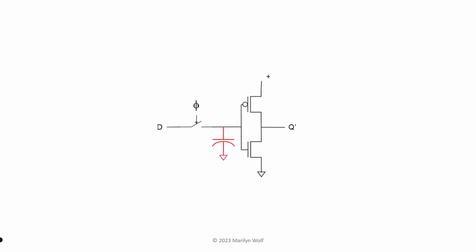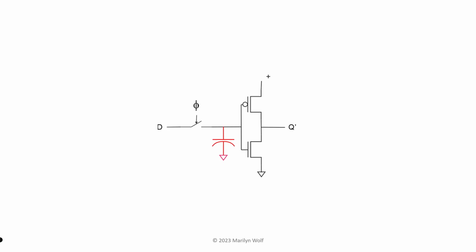When we disable the clock, the transmission gate is now off, and the D input is disconnected from the parasitic capacitance at the inverter. So the Q prime output is controlled by that parasitic capacitance through the inverter. And now you see why the natural output is Q prime and not Q.